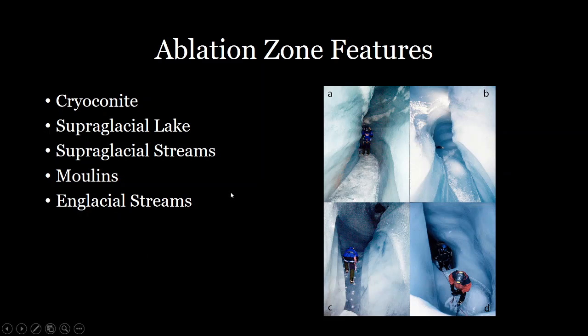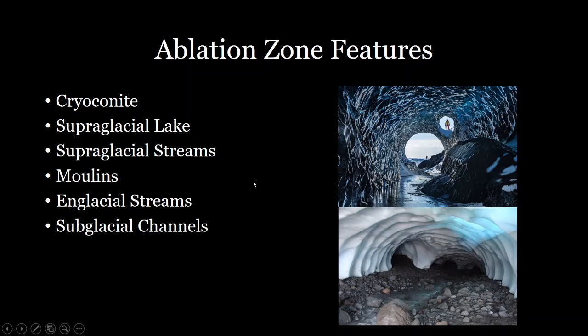So englacial means it's inside the glacier. You can see some photos of some very brave researchers exploring a dried englacial stream. So these are streams that start in the surface and then go down to the bed and convey that water down to the bottom of the glacier. When they get to the bottom of the glacier, they become subglacial channels or subglacial streams.